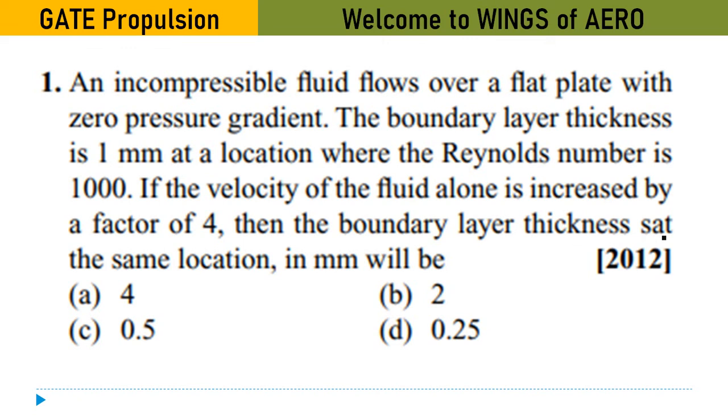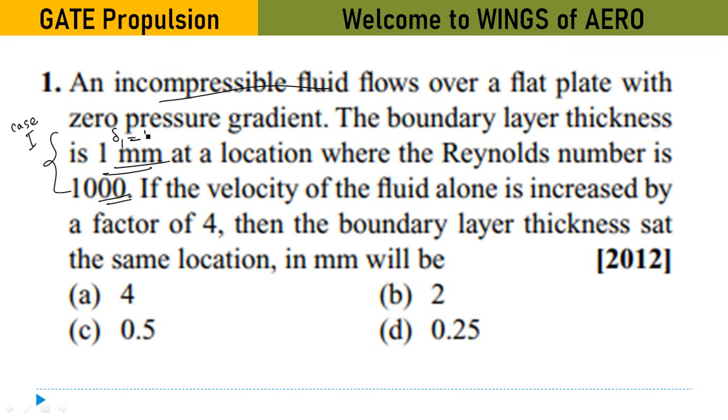If the velocity of the fluid, now what they are telling here, the velocity is getting increased. So if the velocity v1 is v meter per second, now in the second case it is increased by 4 times. So v2 becomes 4v meter per second, and the boundary layer thickness at the same location, right?